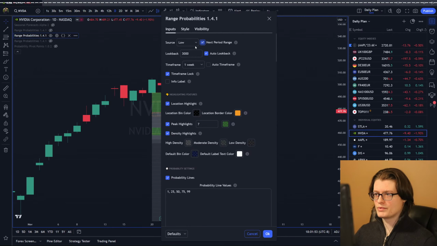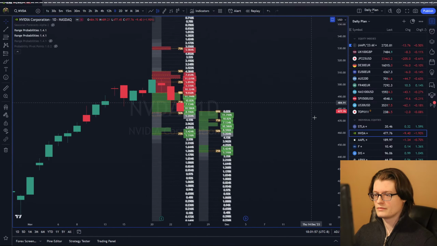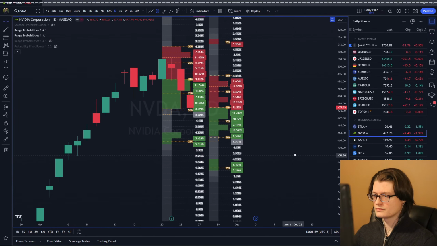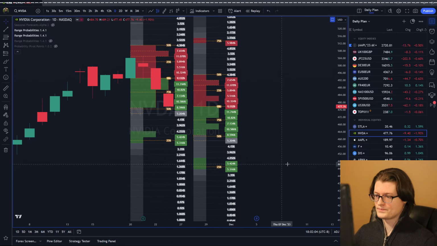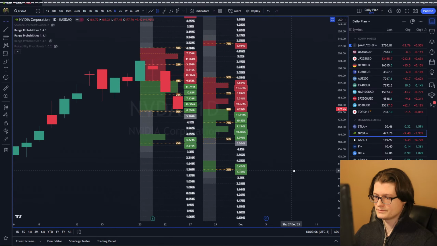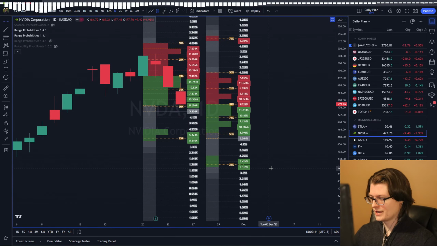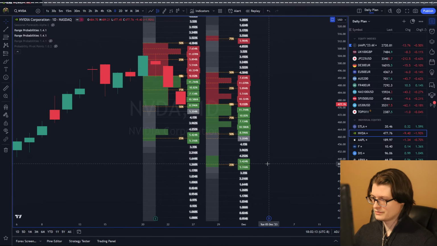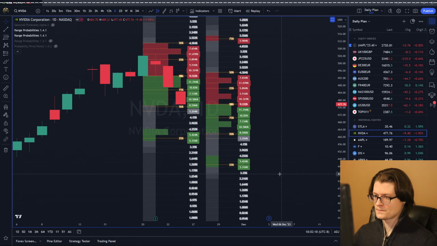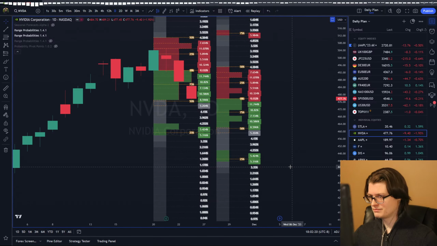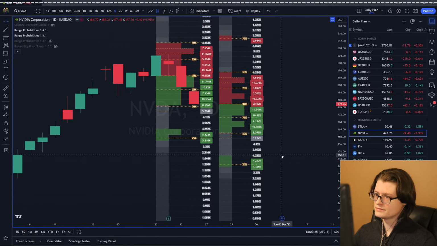Let's load up the next period's range for these indicators. So I would not be surprised if Nvidia traded at the 1440 handle here next week, if this bearishness extended significantly.